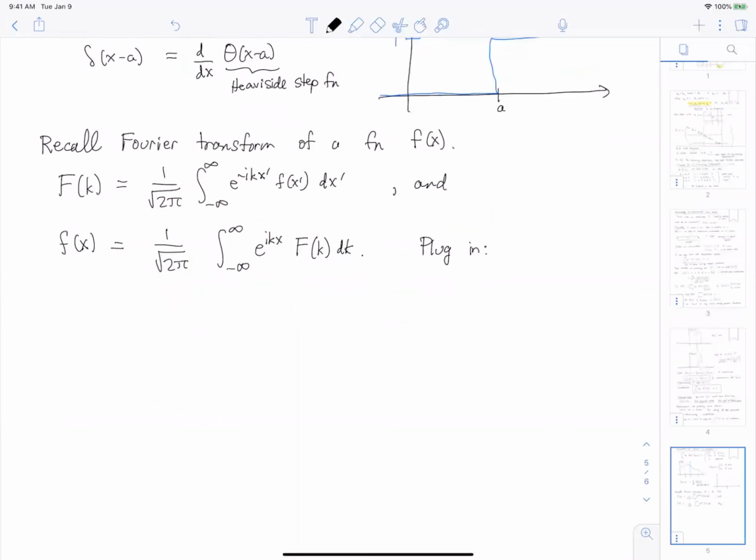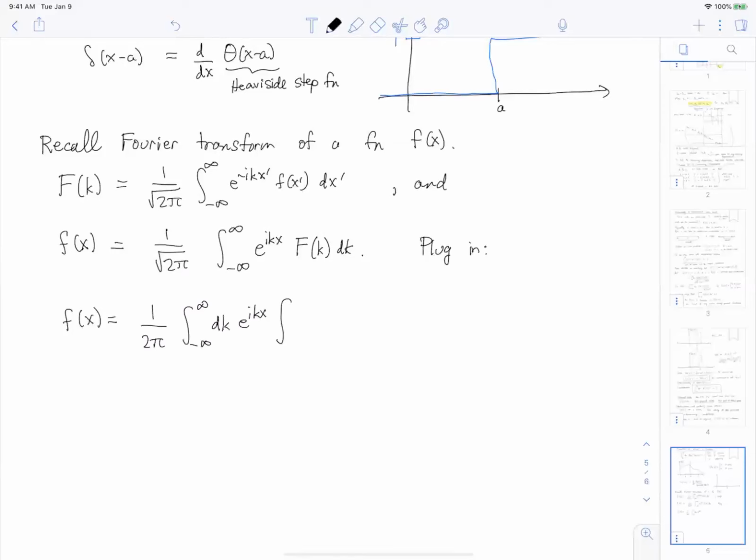So we can write f of x equals, I'm going to plug my f of k in the first line into f of k in the second line. And so I get two factors of 1 over the square root of 2 pi. So that's 1 over 2 pi, integral minus infinity to infinity dk, e to the i k x.